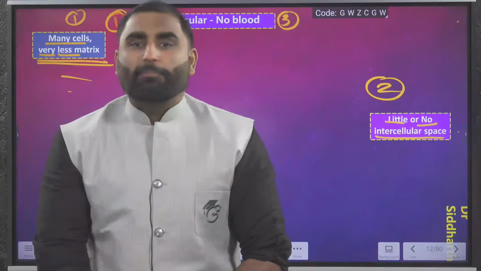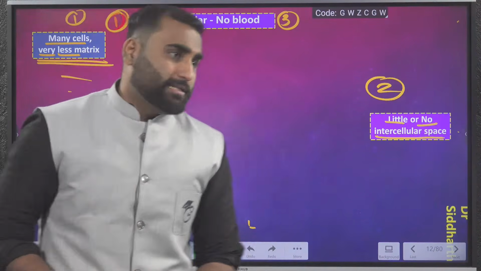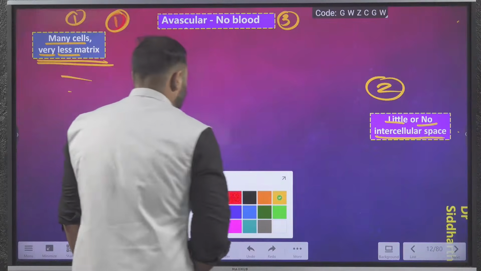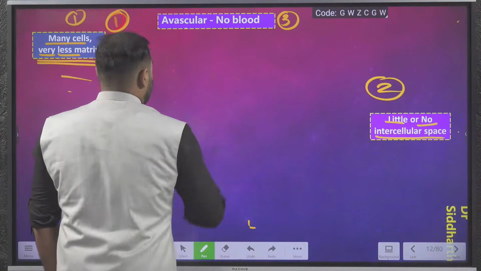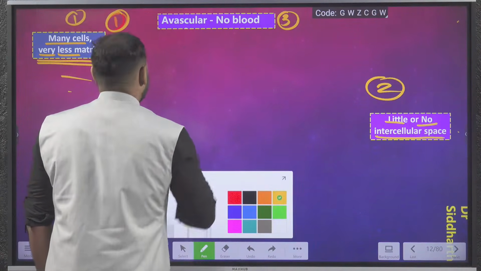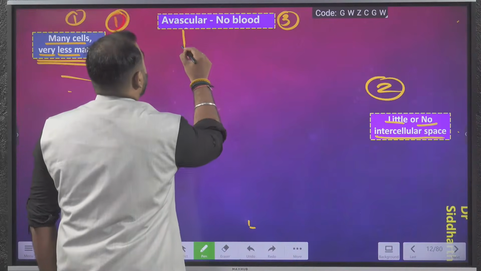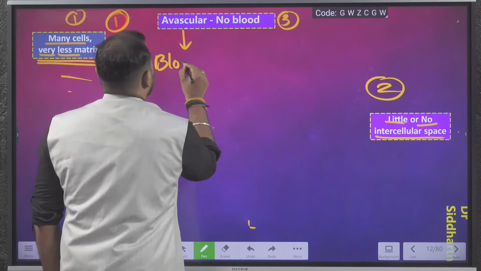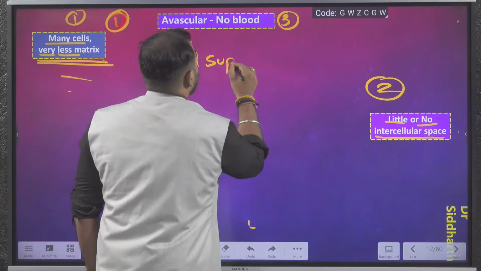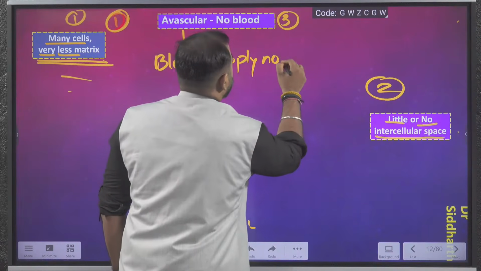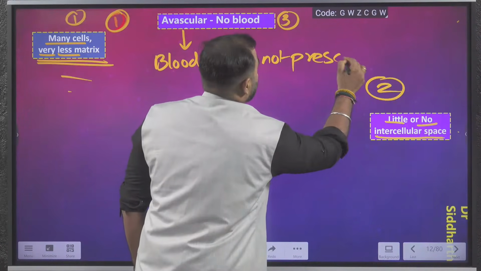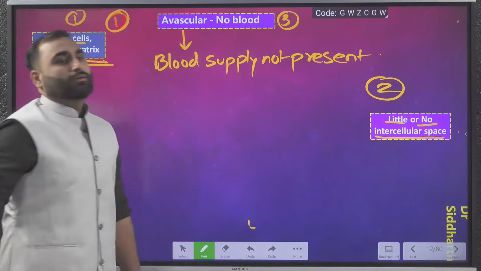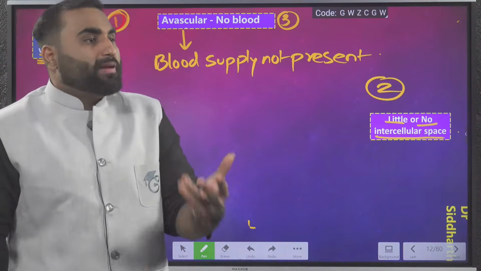They are not supplied directly by blood vessels. Epithelial tissue is avascular. Blood supply is not present.